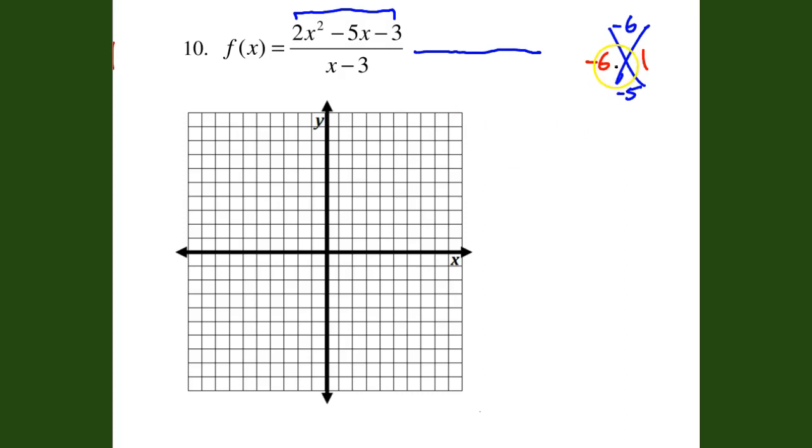And to get the factors, we can't so quickly just put the two factors in here as negative 6 and positive 1, because negative 6 times positive 1 equals negative 6. It doesn't equal negative 3. The last two parts here always multiply to be the last part here, but with negative 6 and 1 they don't, because we have this 2 in front once again.